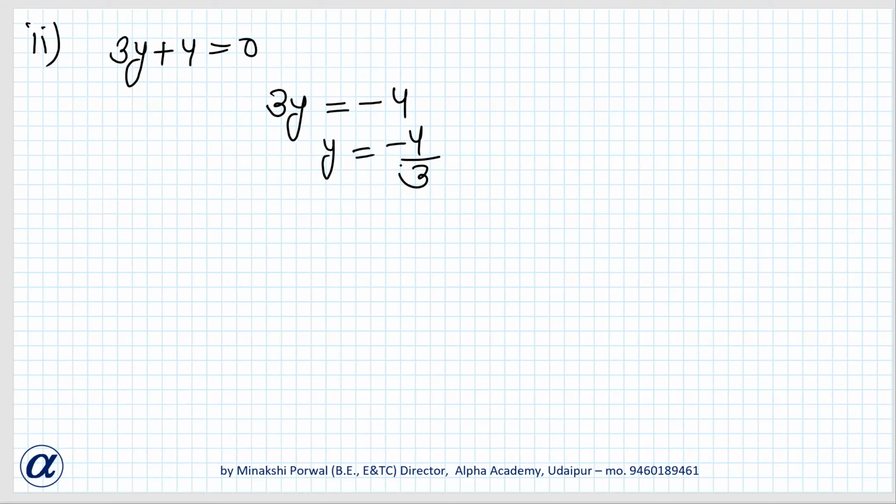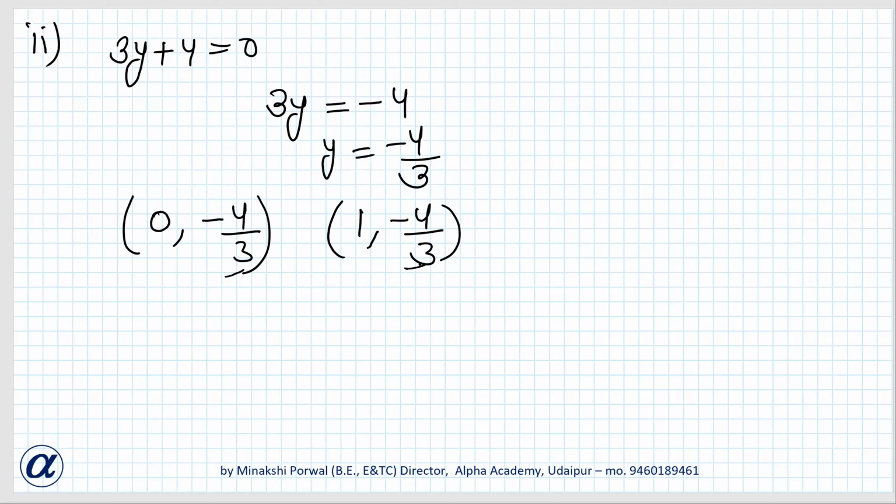Now, whatever the value of x, the value of y will remain minus 4 by 3. So for writing various solutions, we can write 0, minus 4 by 3, 1, minus 4 by 3, 2, minus 4 by 3, 4, minus 4 by 3. Y will always remain same and x can take any value. This will be the answers.